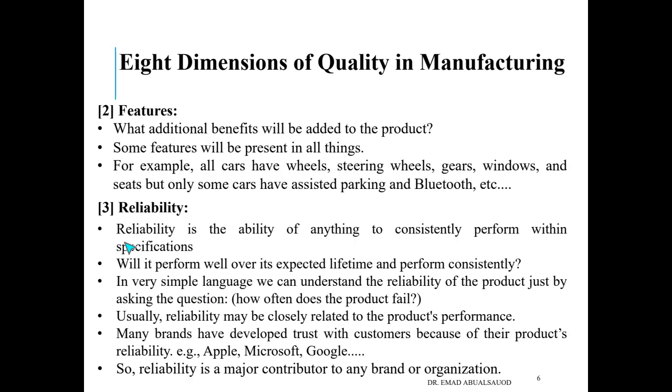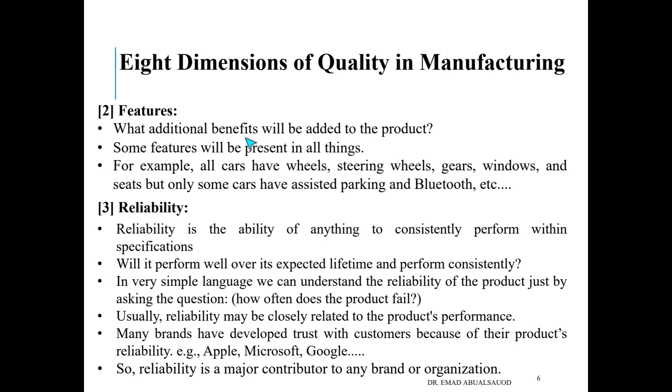Moving to the features, like in Arabic المواصفات. Now here you have a wide range of options that you can use to satisfy or meet or exceed the customer expectation. What additional benefits will you add to the product? Warranty, for example, in the car, free services or free maintenance.